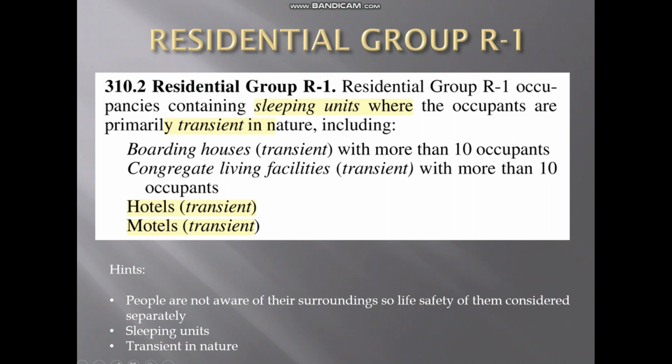Transient, not permanent, for example hotels and motels. The reason they segregate R1 from the others is mainly the transient nature. People who come from outside and stay in a hotel don't know the surroundings or how to escape. So for life safety, only the transient sleeping units are categorized in residential group R1.